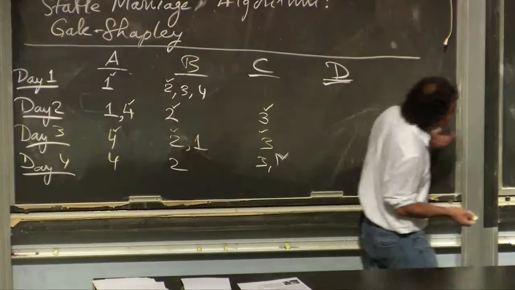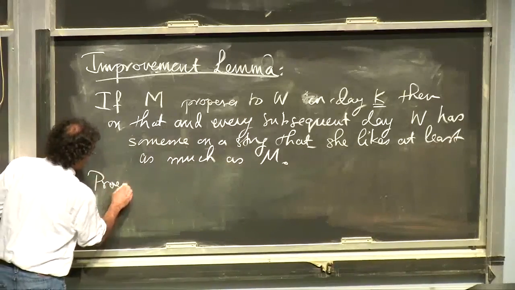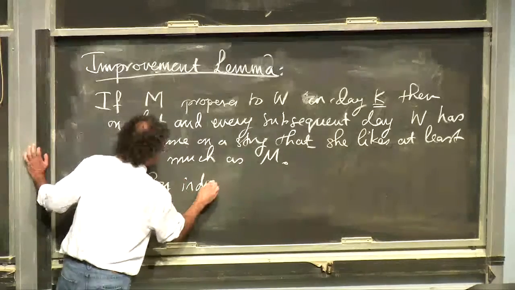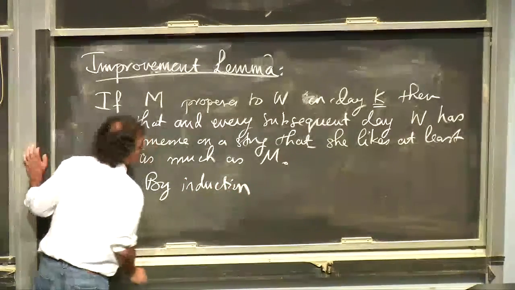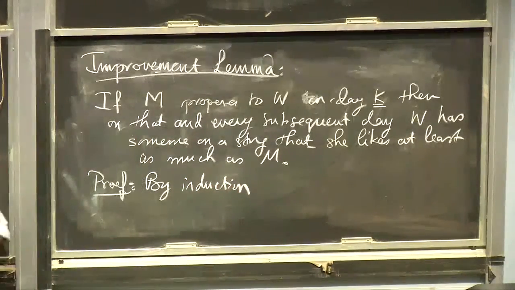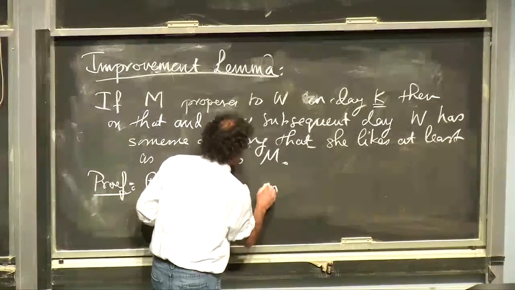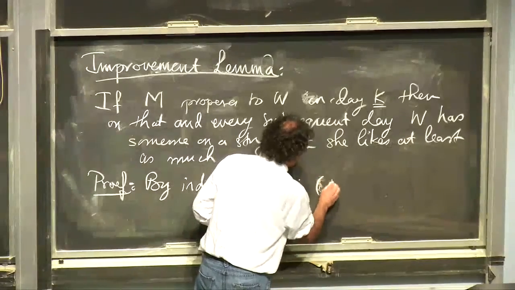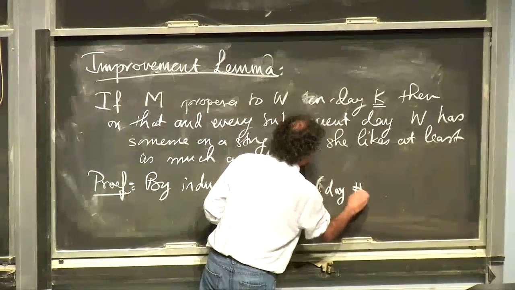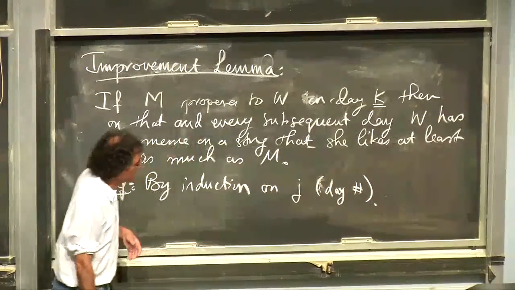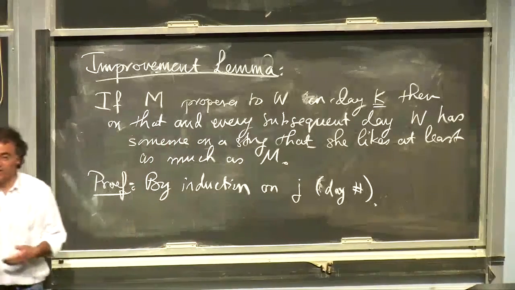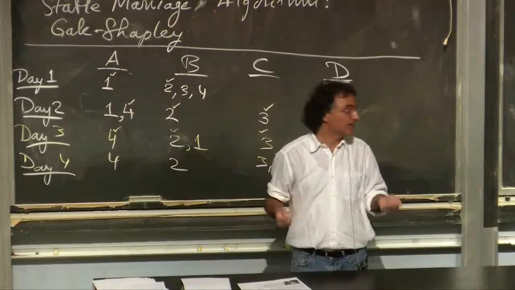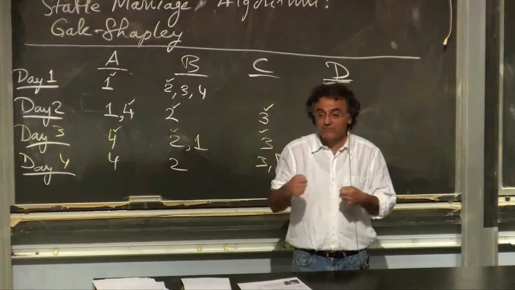And how would you prove it? You'd prove it, of course, by induction on j. What we want to show is that for every j greater than or equal to k, she has somebody on the string who she likes at least as much as M. And you do that by induction on j.